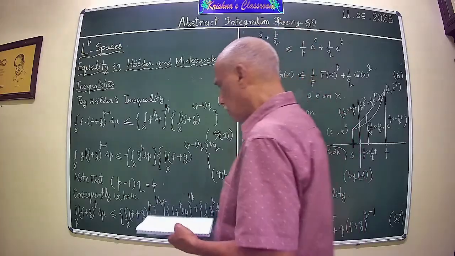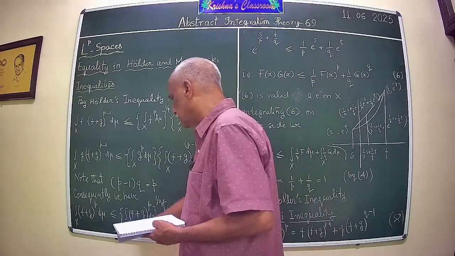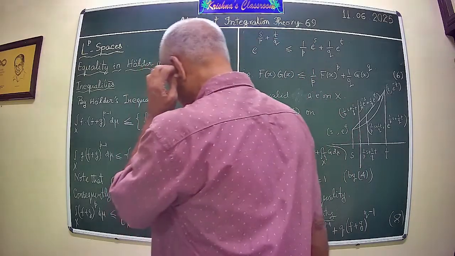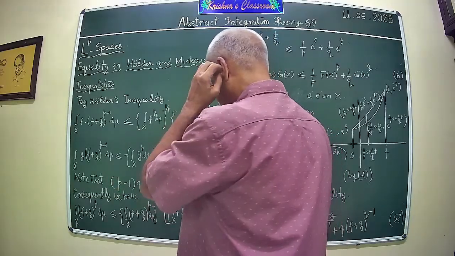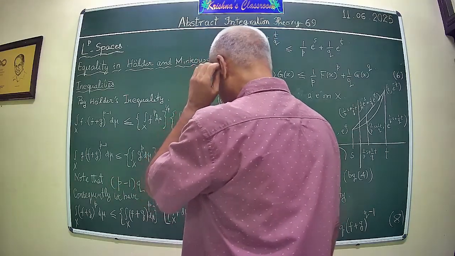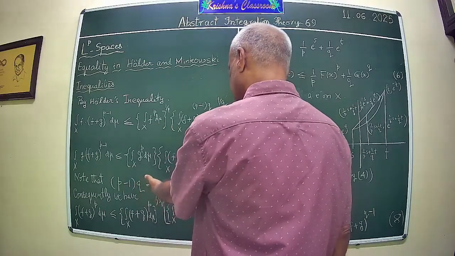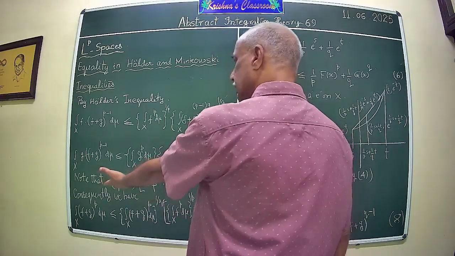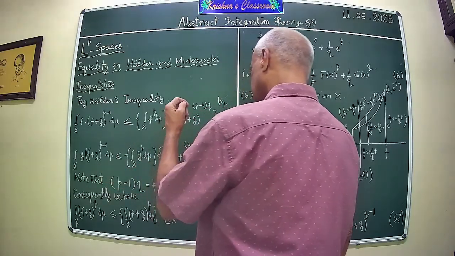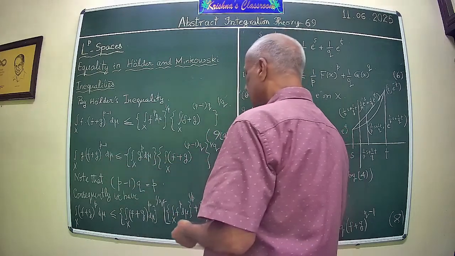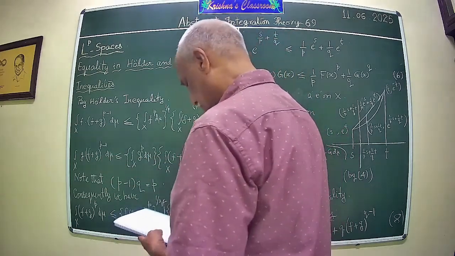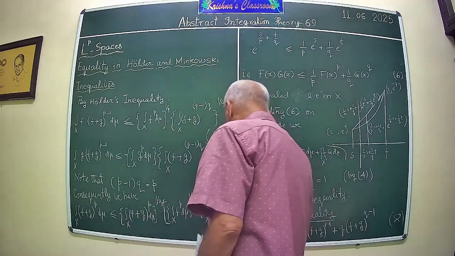And now you have to show that if this is not equal to 0, then you can immediately cancel that, the corresponding factor from what is there on the left hand side, and you will get the result. Okay, so denote this by that.